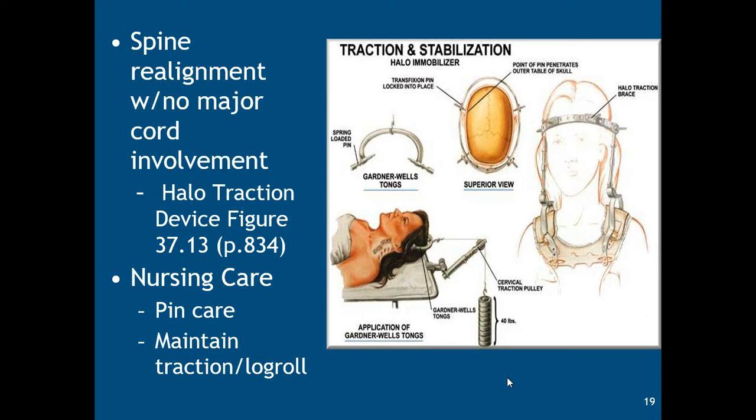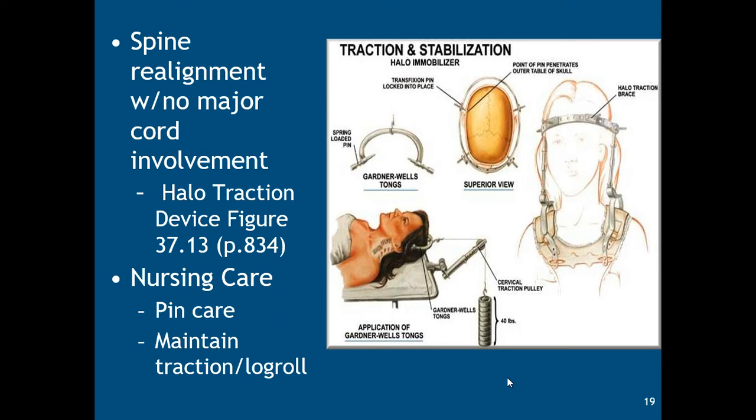Weights can also be added to the head of the bed over a pulley system. So if you can see, there's the Gardner-Wells tongs. That one uses titanium screws screwed into the skull, and then they attach this halo traction device. And then you see how they can add the weights to it, to the point of stabilizing the patient and stabilizing that spinal cord, depending on where the injury is.